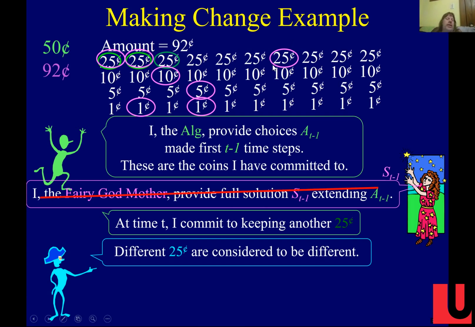You might say one quarter is the same as another quarter, but just to make this example a little more interesting, we're going to say having a different quarter is a different solution. So the fairy godmother no longer is holding a full solution consistent with what the algorithm has done, because the algorithm at time t committed to a different quarter.